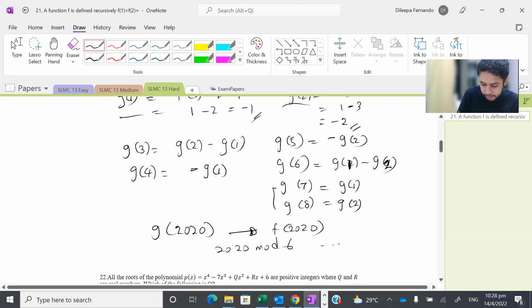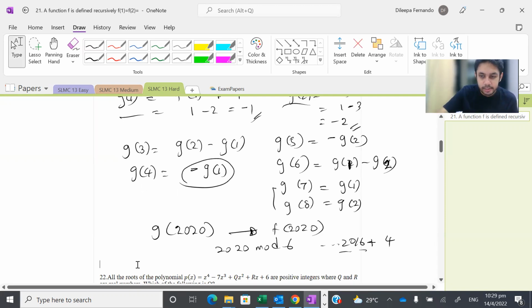That means it becomes 2016 plus 4. Until 2016, it's a multiple of 6. That means the 2016th term is G1 minus G2, and then we have to consider 4 other terms, so it becomes minus G1.